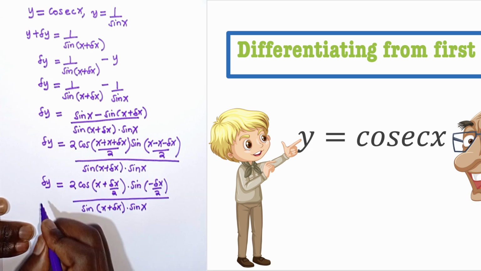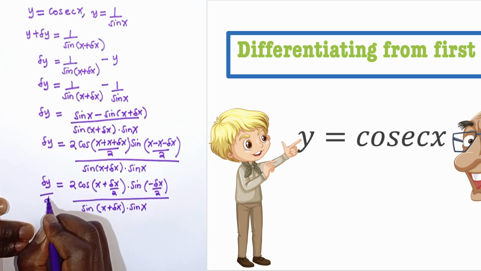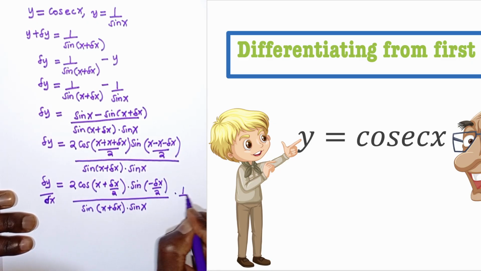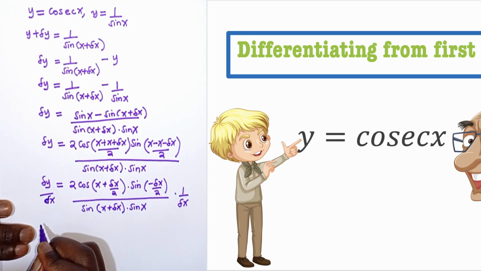Then we can divide through by delta x. So we divide through by delta x on both sides throughout.